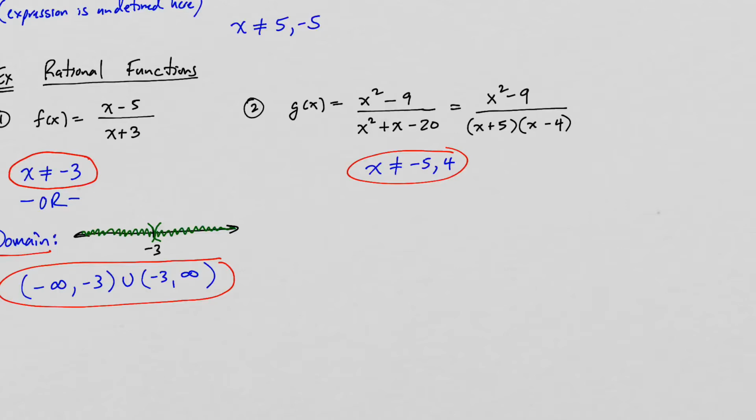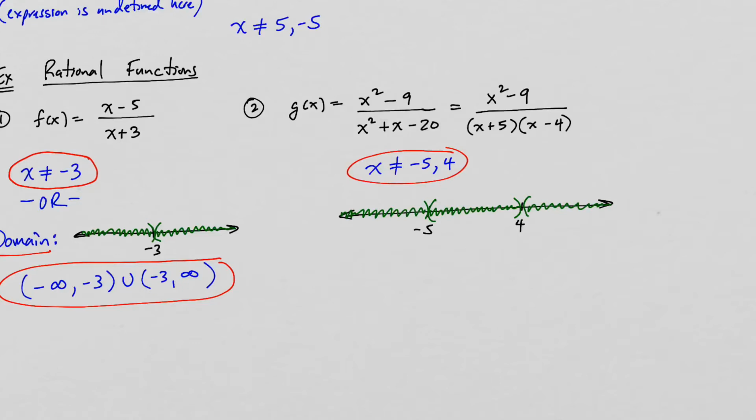Now in terms of stating the domain of this function, we'll just go ahead and graph a number line with our two restricted values. And we're saying that x cannot equal these two numbers. So we can have any number to the left of negative 5, any number in between negative 5 and positive 4, plus any number to the right of positive 4.